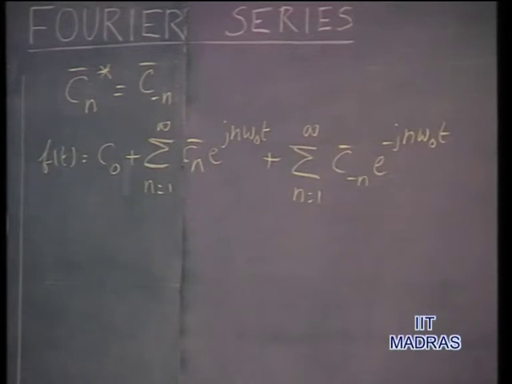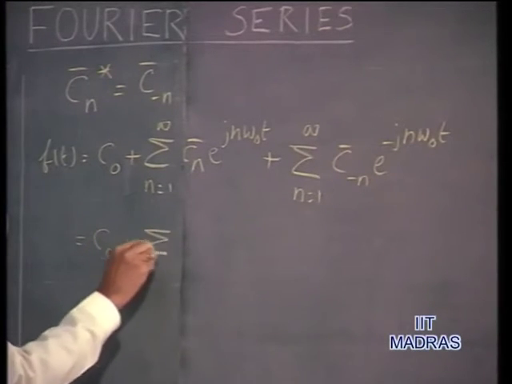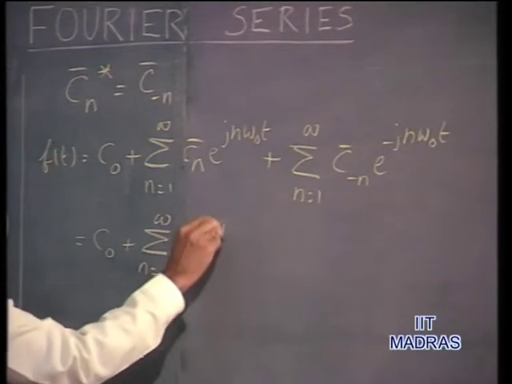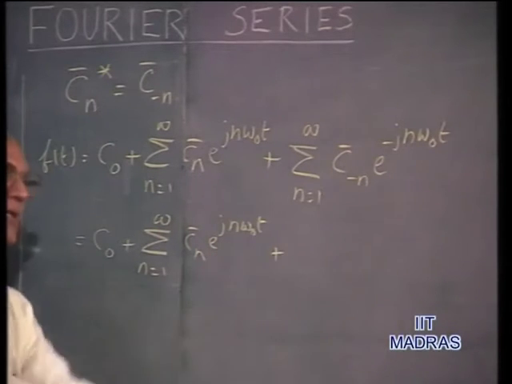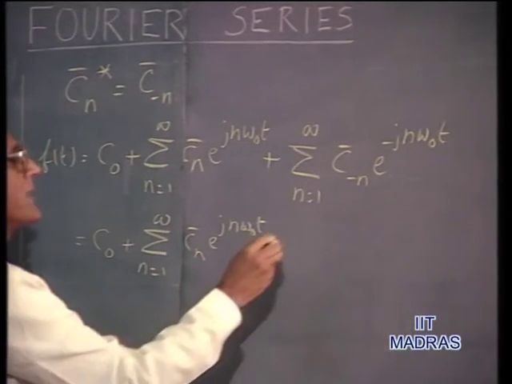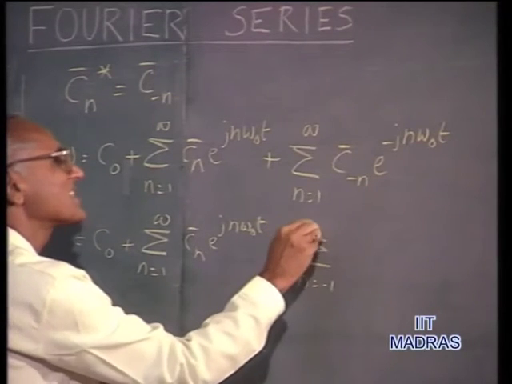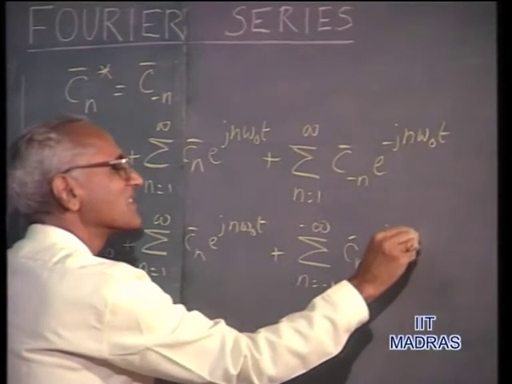When you substitute minus n for n here, then I can write this as C naught plus the sum n from 1 to infinity of C n e to the power of j n omega naught t. So when you change the dummy index of summation, minus n for n, this n goes from minus 1 to minus infinity, C n e to the power of j n omega naught t.